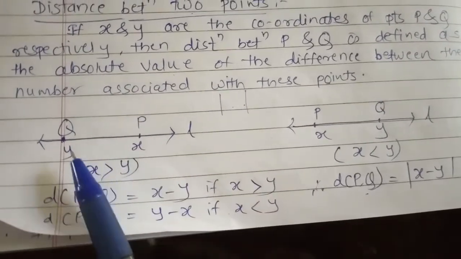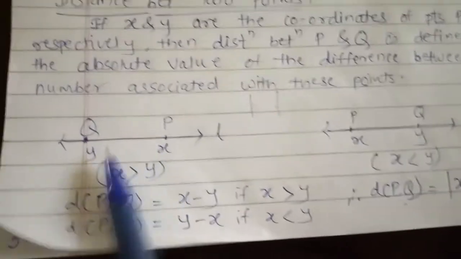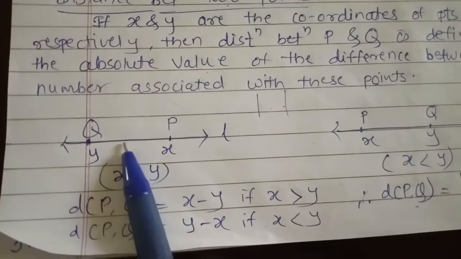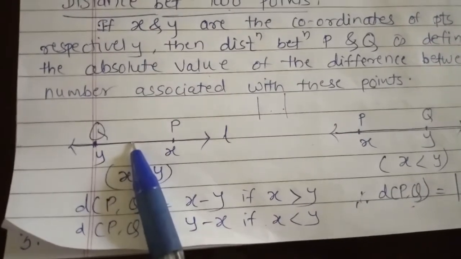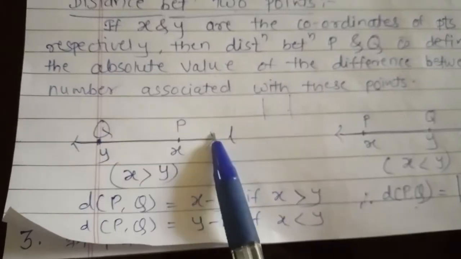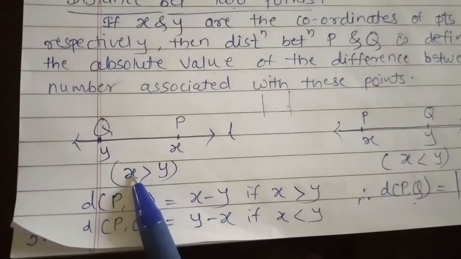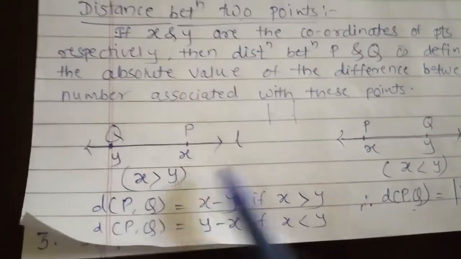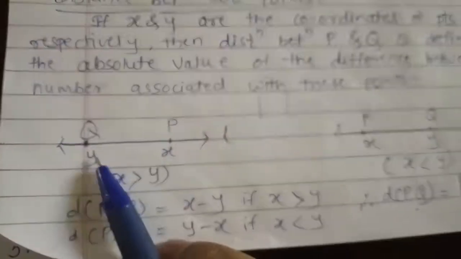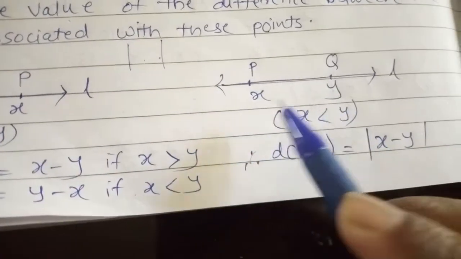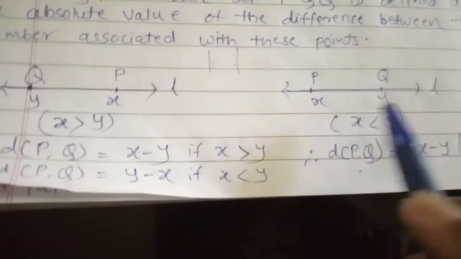Now see here, you know that the distances on the left side of the origin are less, and on the right side of the origin they are greater. So here x is greater than y, because this one is the minus number, and in this figure x is less than y. So the left side number is always less than the right side number.